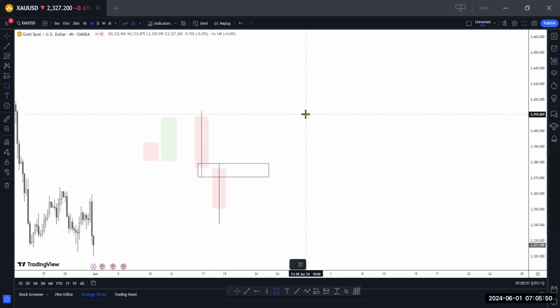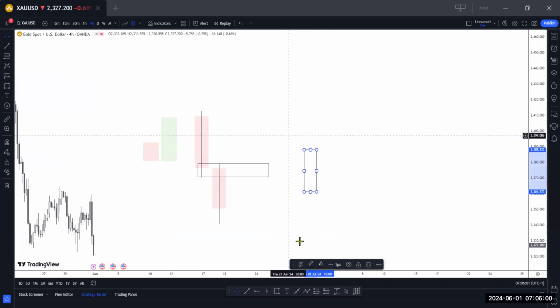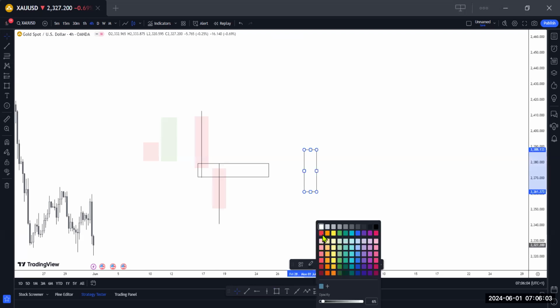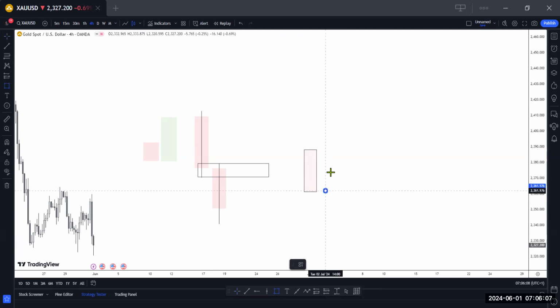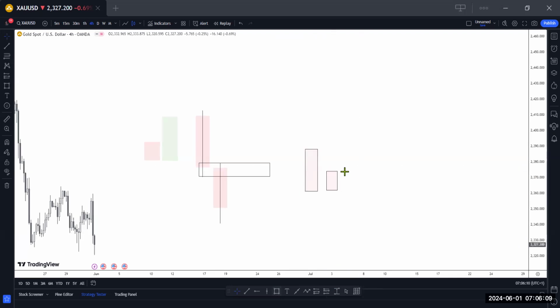For the QM engulfing, you can have something like this. Then you have this one, you have this, and then finally you have this.